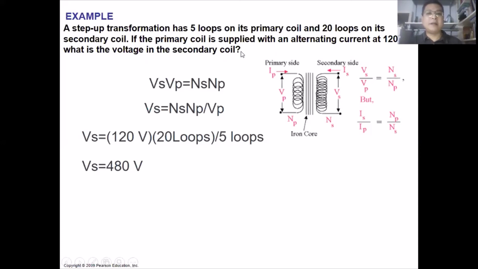So we can rearrange the formula to find the unknown. The question asks for the voltage in the secondary coil, so we solve for Vs. Vs equals Ns times Vp divided by Np. So we can calculate this example and get the voltage for the secondary. Okay.